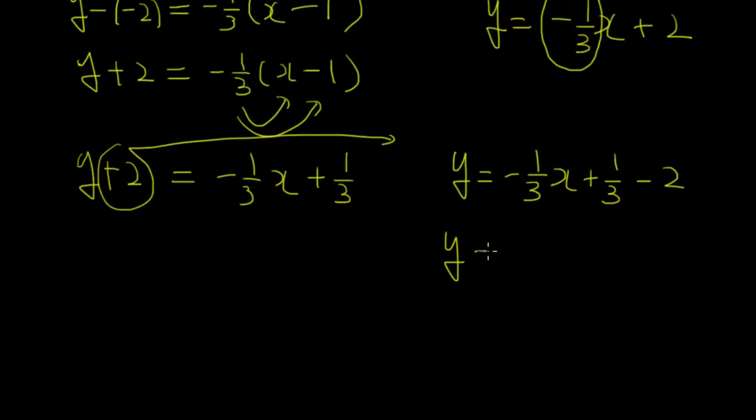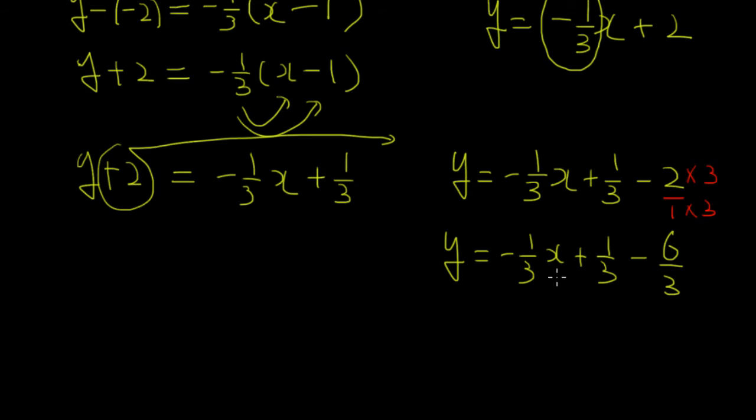So y equal -1/3 x plus 1/3. We're looking at this 2 as 2/1, multiply 3 top and bottom, to have the common denominator 3, which is 6/3.